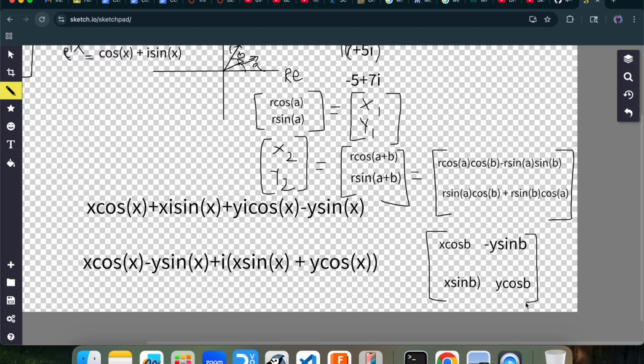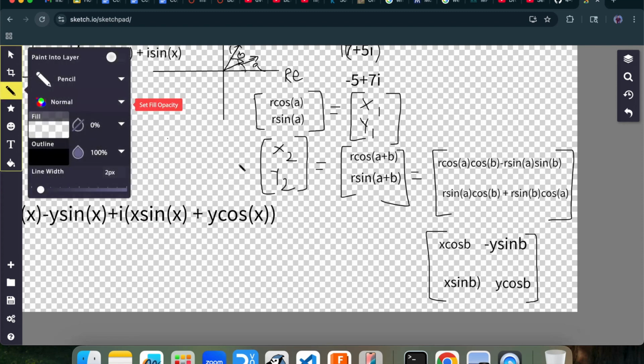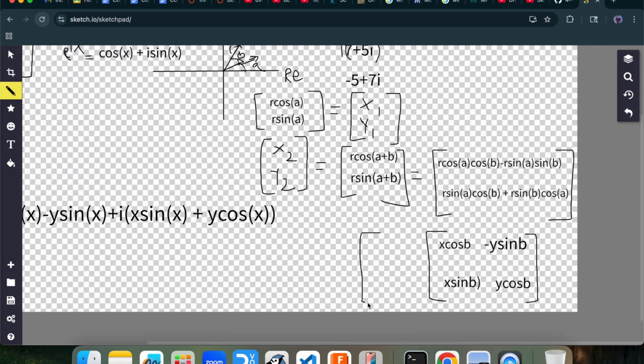So then basically you would get this matrix, and you can multiply it by... we factored out x1 y1, or we took out x1 y1, and then if we do x1 times x cosine x. Oh wait, no.